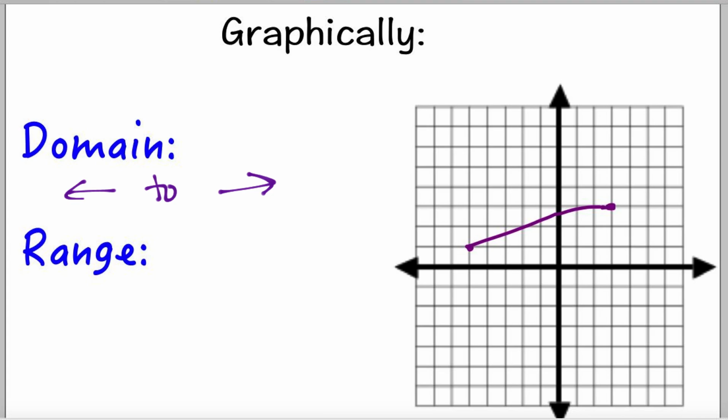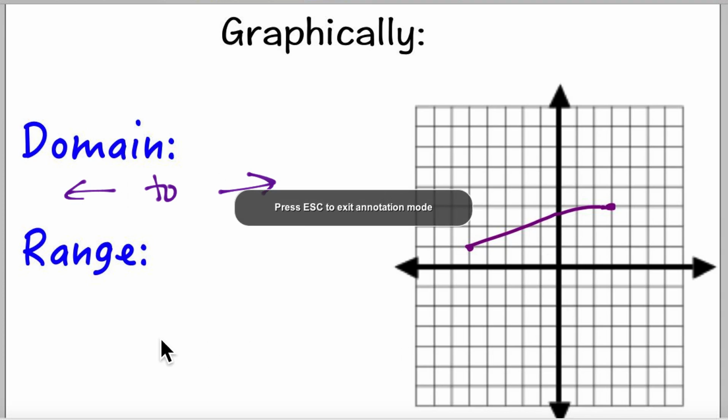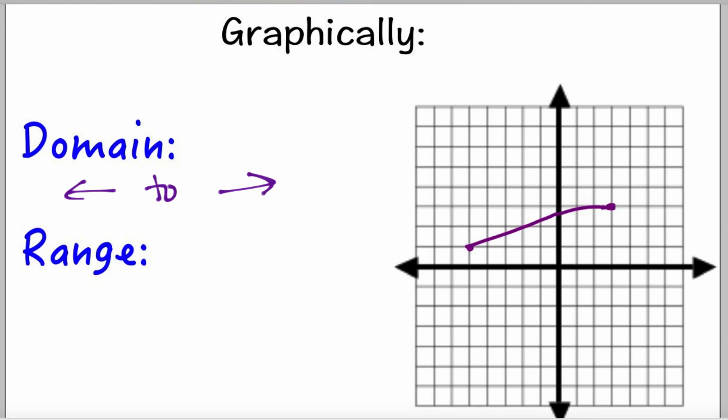We're going to use interval notation again for domain and range. So it's smallest to biggest. And then range, the stuff on the y-axis, we're going to say from bottom to top, or from low to high. So if you think about that graph we just had, from left to right it looks like -5 for x values to +3 for x values.